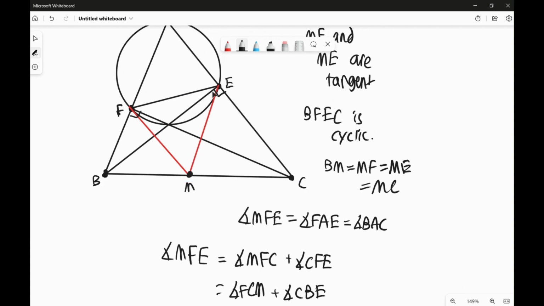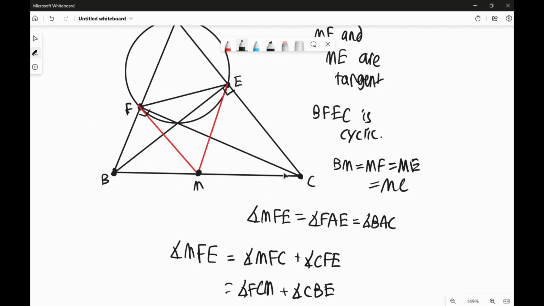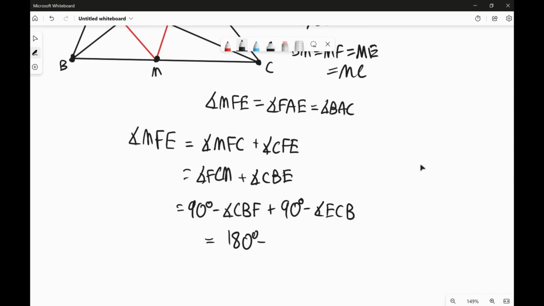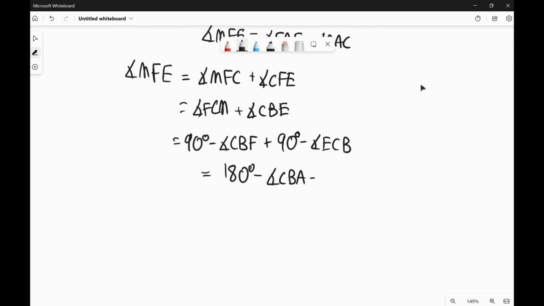But we also have a right angle here, which means that it's 90 degrees minus directed angle ECB. Therefore, angle MFE is equal to 180 degrees minus angle CBF here, which ends up being just directed angle CBA. And then ECB here ends up being just directed angle ACB.